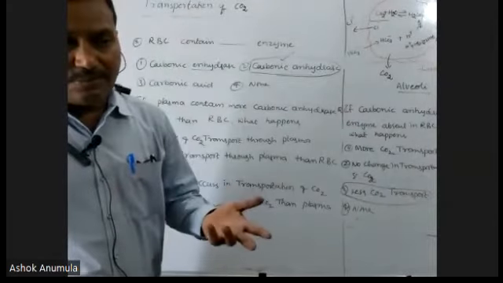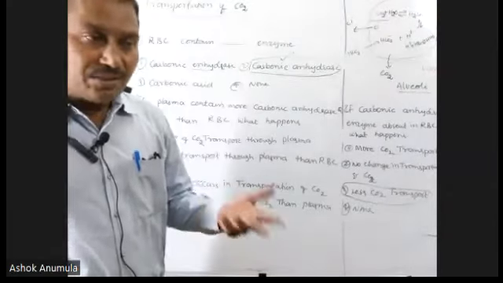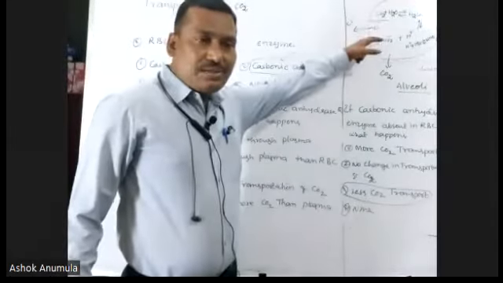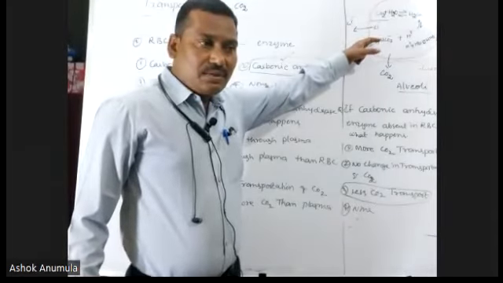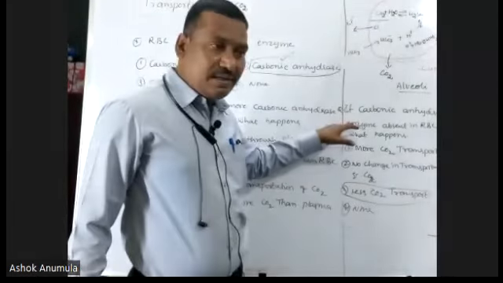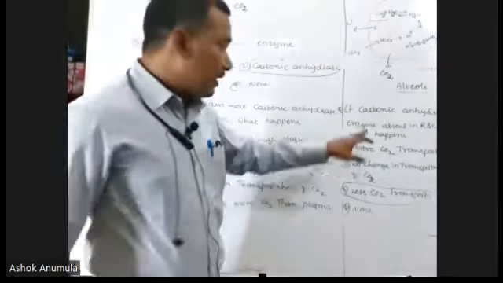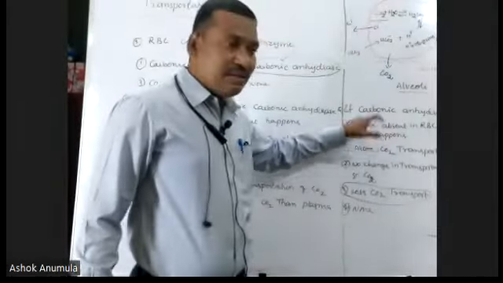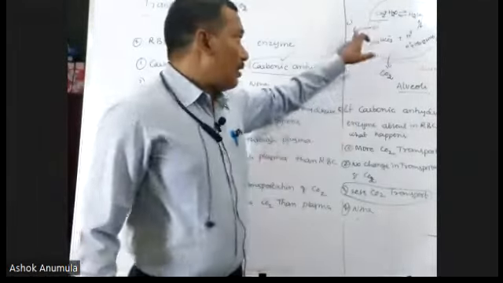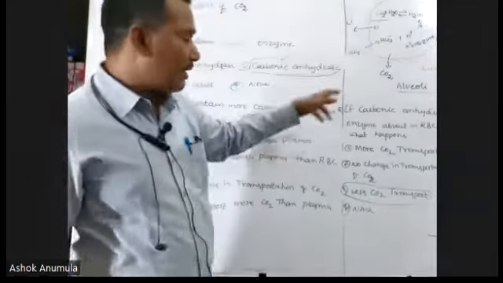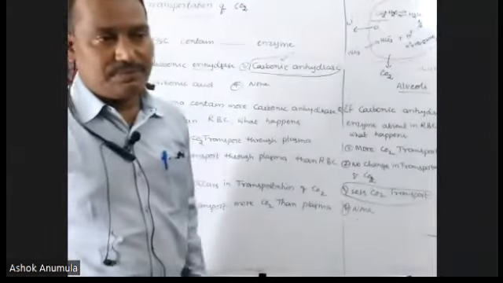You will get the doubt: sir, if carbonic anhydrase is absent, why less CO2? The RBC also contains water; just now I drew the diagram. Due to the presence of carbonic anhydrase, the RBC water supplies more carbon dioxide. But here carbonic anhydrase is absent in the RBC, so very little carbon dioxide is transported through this method.